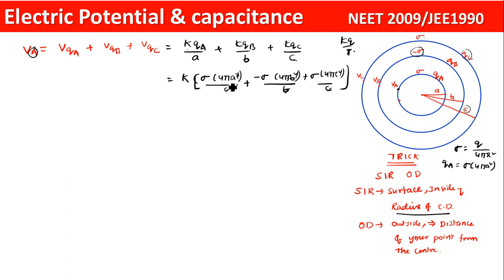Now if I take sigma into 4 pi common, we get K into sigma 4 pi into A minus B plus C.